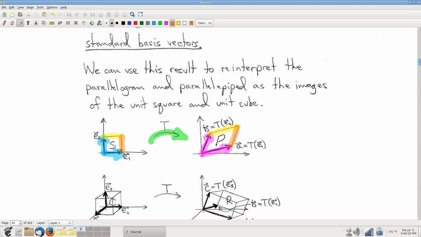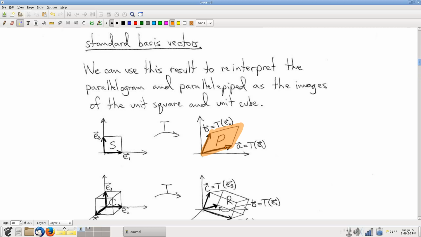Parameterize these edges. This is a Math 212 thing. Parameterize those curves, they're straight lines, of course, and then take those formulas for these parameterizations and apply T to them. In other words, multiply by the matrix A, and you can confirm that you'll get these edges of this parallelogram.